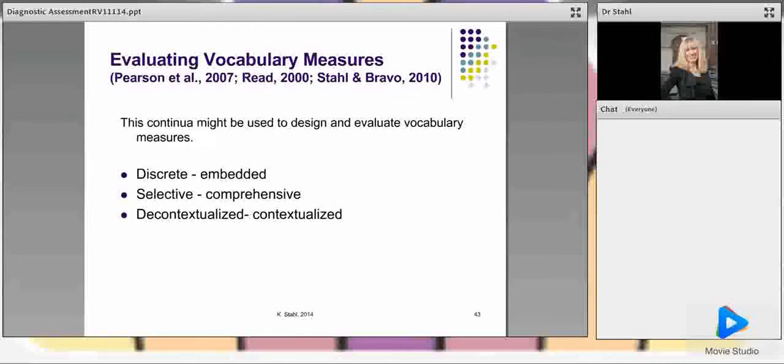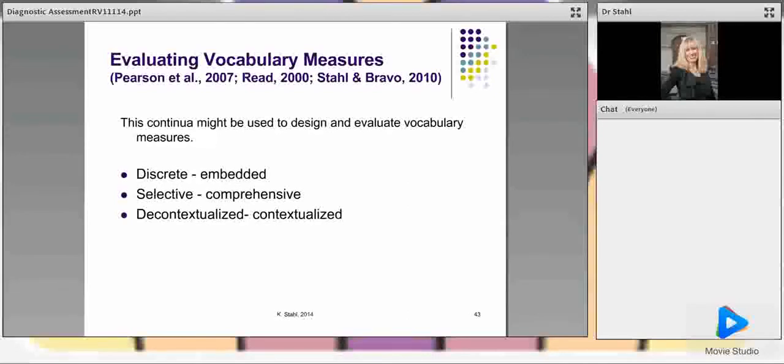That would be a discrete measure. Embedded would be for you to sit down with your students having a conversation about a text that they read, or while they're doing a science experiment, and using a check sheet to see whether they are able to use those words embedded in their conversation.